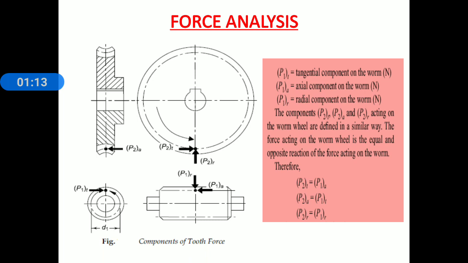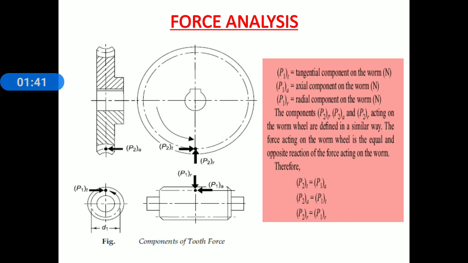Here, the first assumption, number one, the worm is the driving element, while the worm wheel is the driven element. Second, the worm has right-handed threads. And last, number third, the worm rotates in anti-clockwise direction.